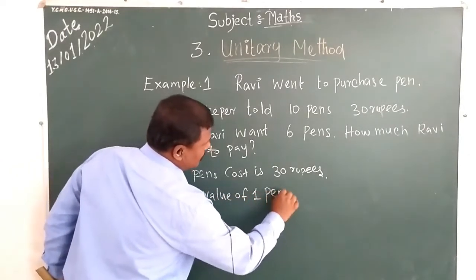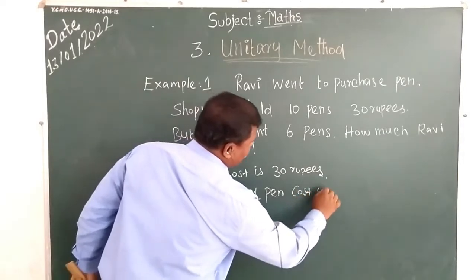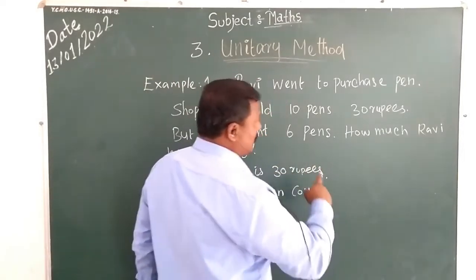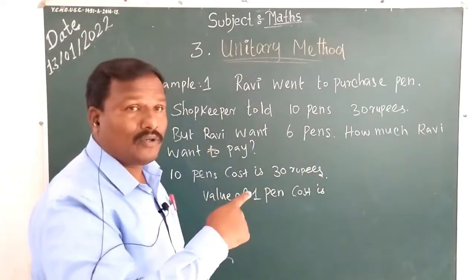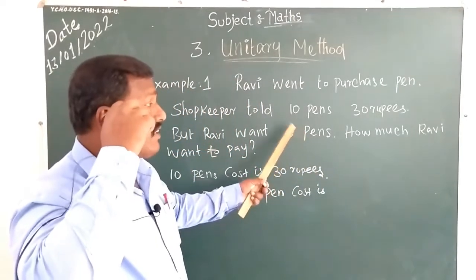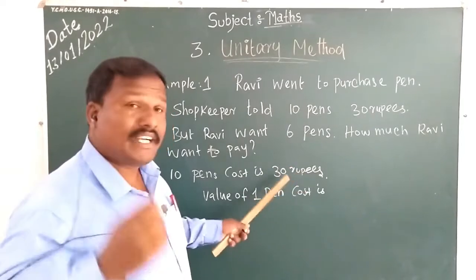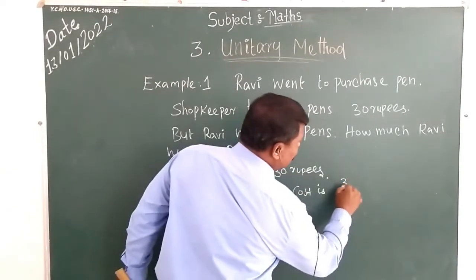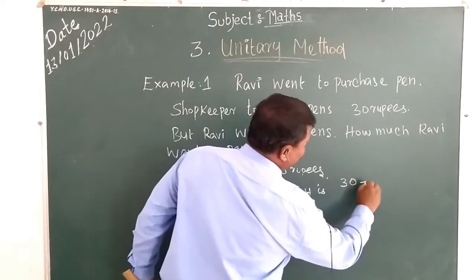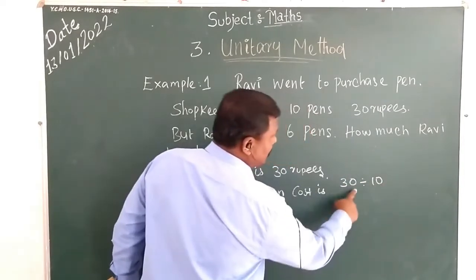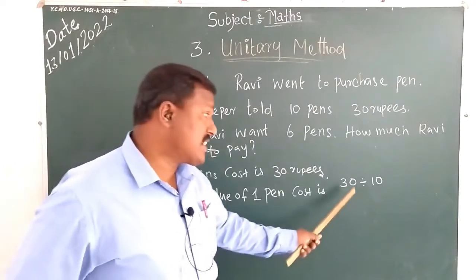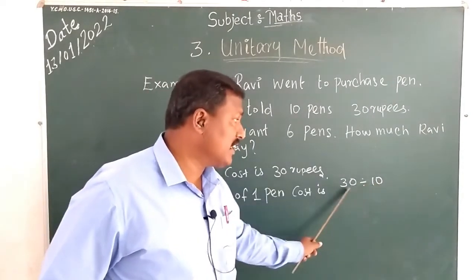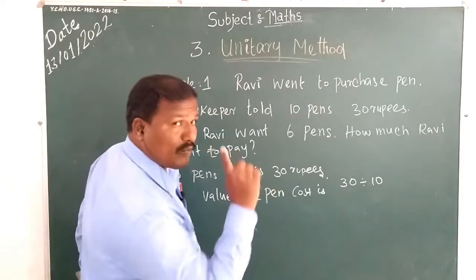The shopkeeper told 30 rupees for 10 pens. So to find one pen cost, we do division: 30 rupees divided by 10 pens.